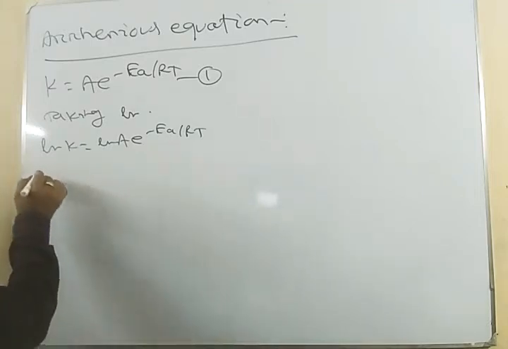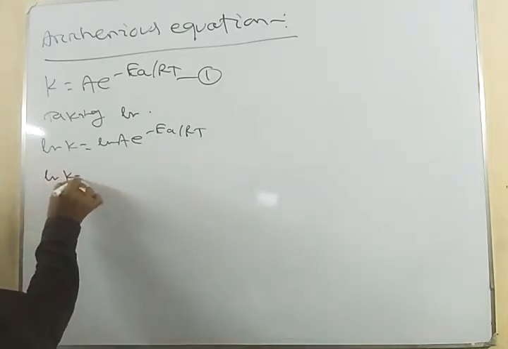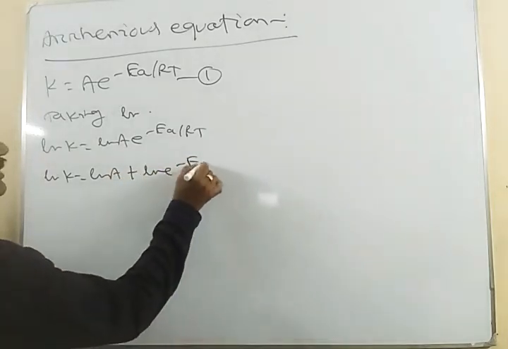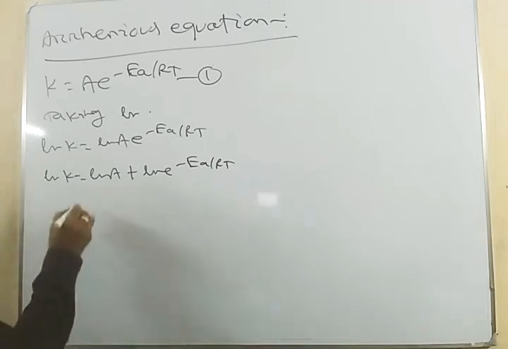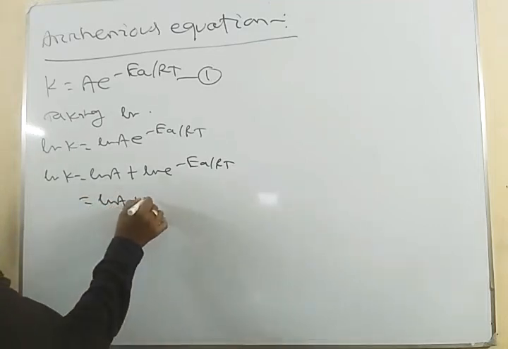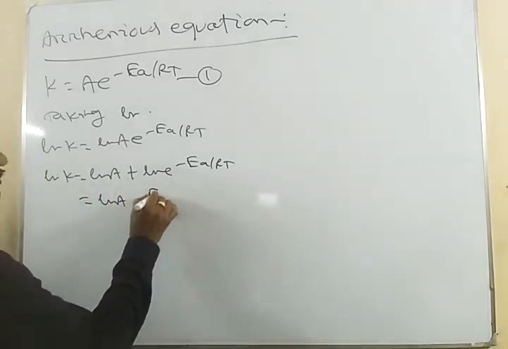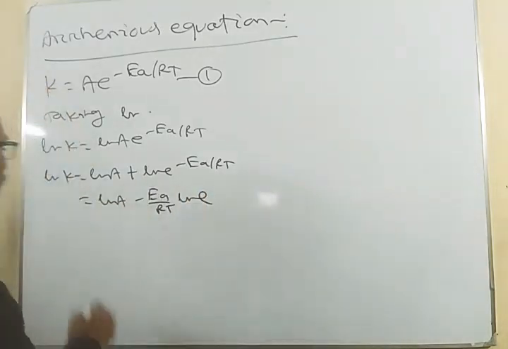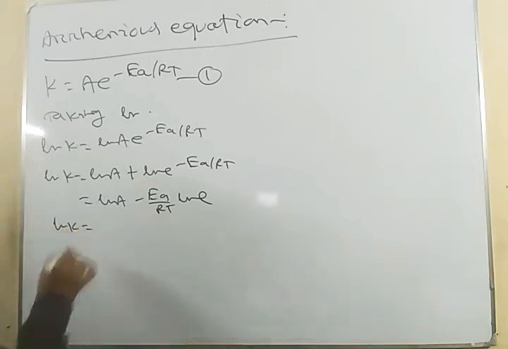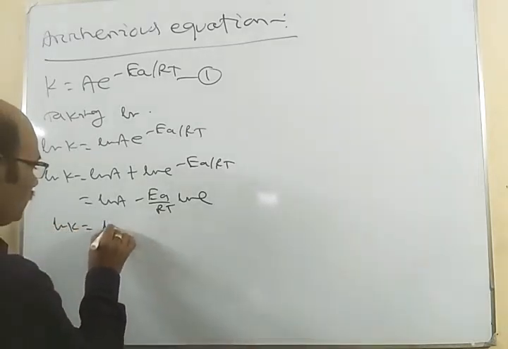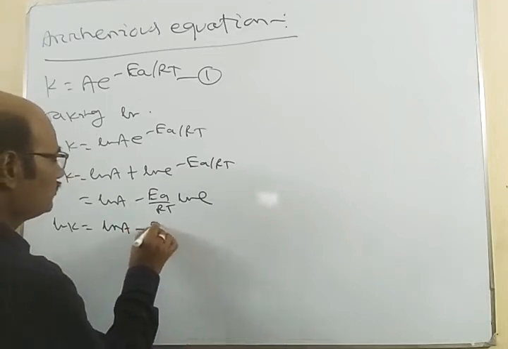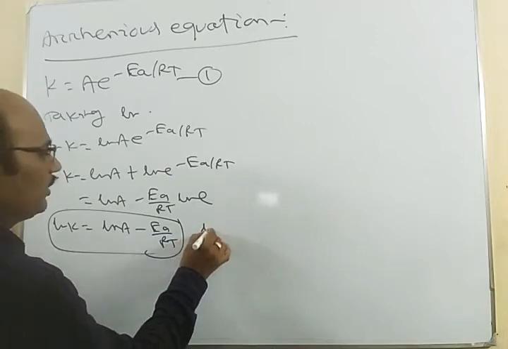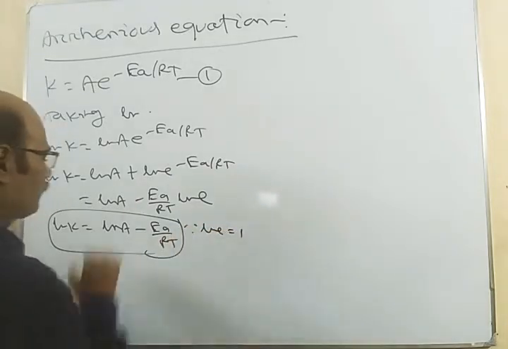Now log K equal to log A plus log e power minus EA by RT, or equal to log A minus EA by RT log e. Okay, also log K is equal to log A minus EA by RT, and log e equals 1.